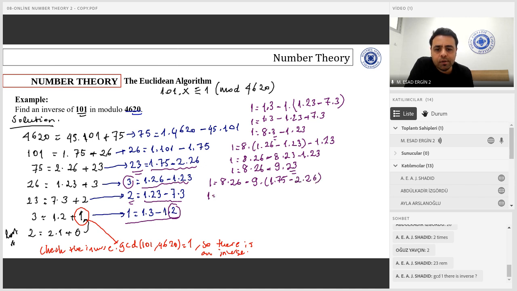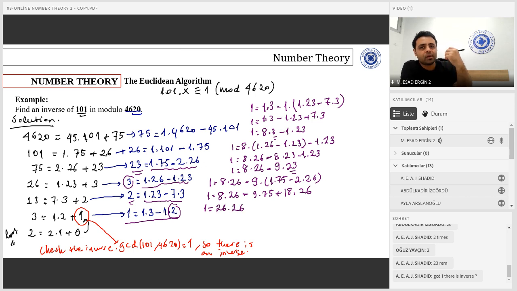So here 1 equals 8 times 26 minus 1 times 75 and plus 18 times 26. So 18 is here, 8 is here, 1 equals 26 times 26. I'm not going to multiply it. I also do not think that this is 26 squared, okay? You just have 26 times 26. That's it. And minus 9 times 75.